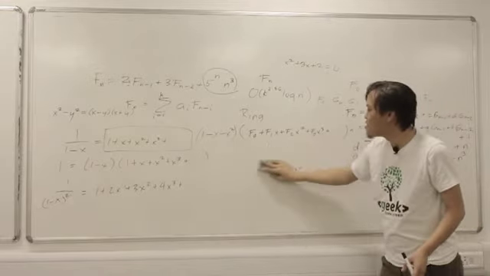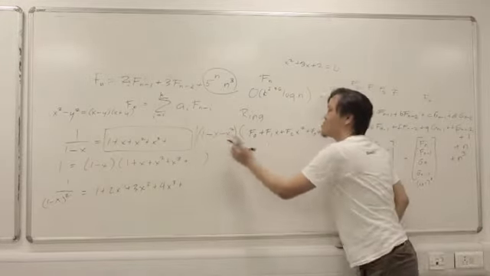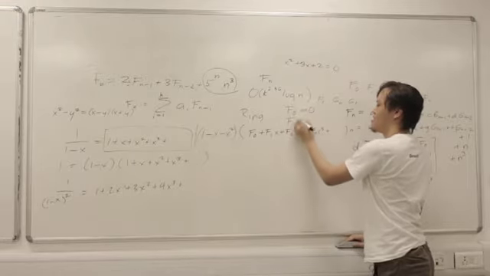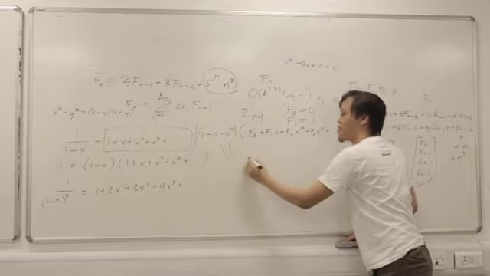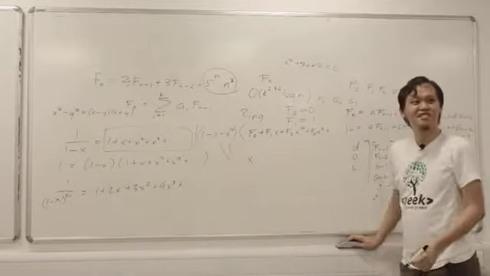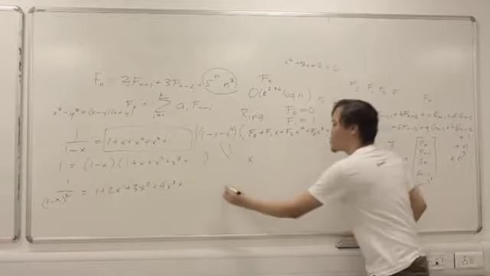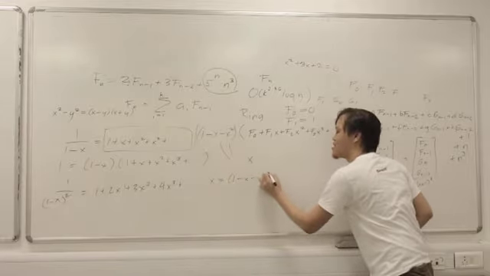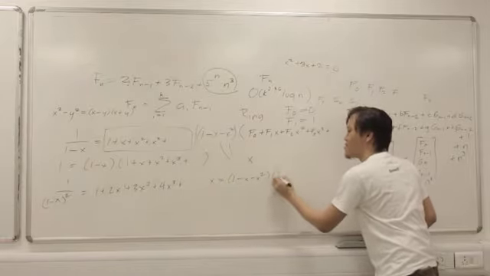So what you'll find, if you substitute the initial conditions we have, is that this expression is equal to x, just x. Okay, so we have the equality x equals (1 minus x minus x squared) times the Fibonacci series.